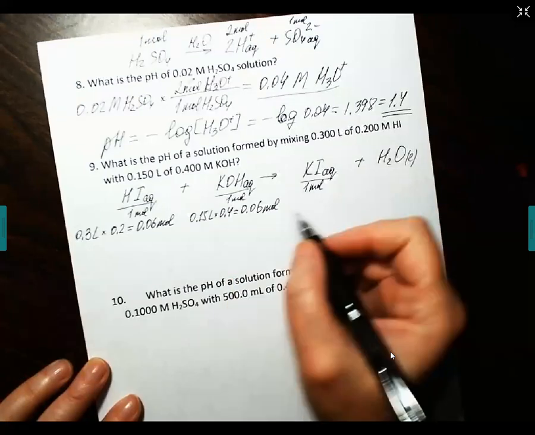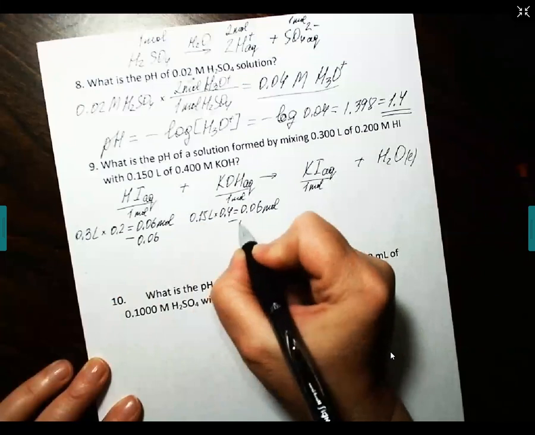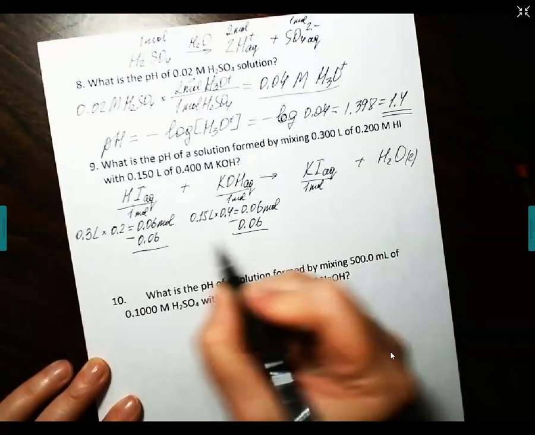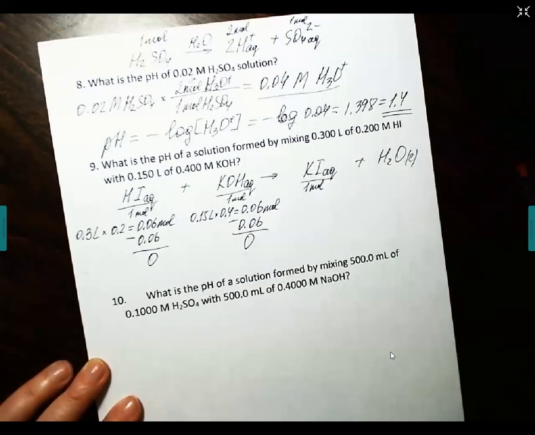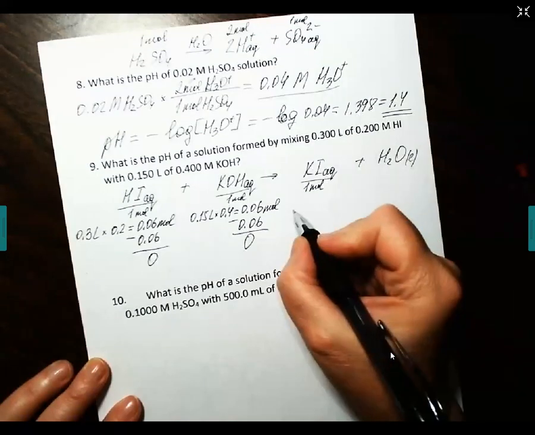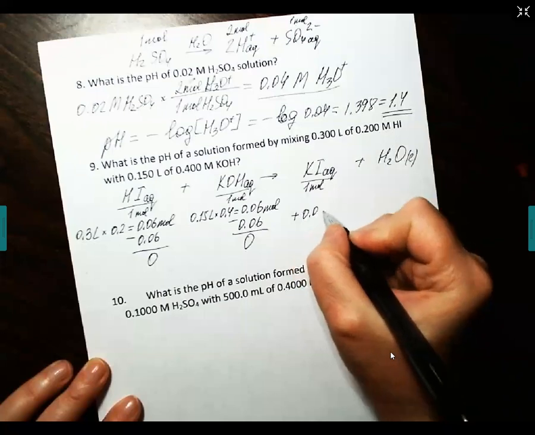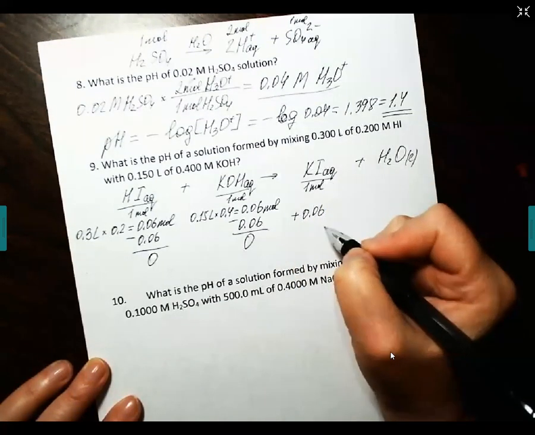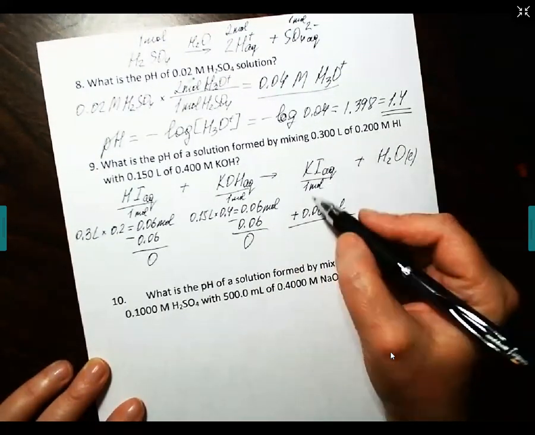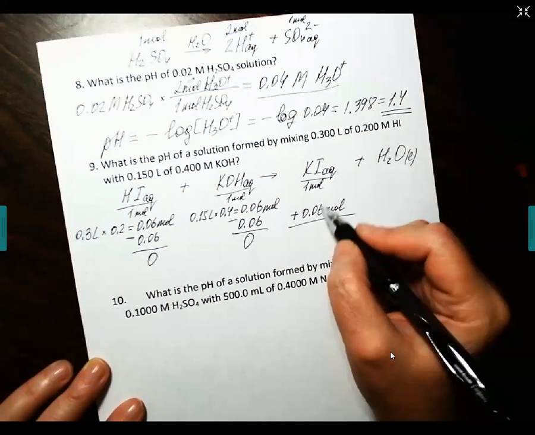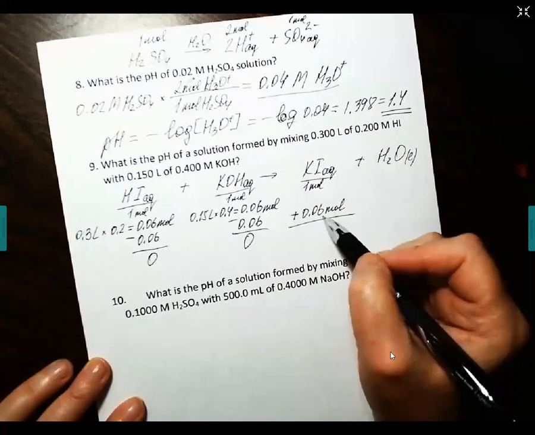Final concentrations of both will be 0, and the same number of moles of potassium iodide will be formed. So our final amount of moles of potassium iodide is the same, 0.06.